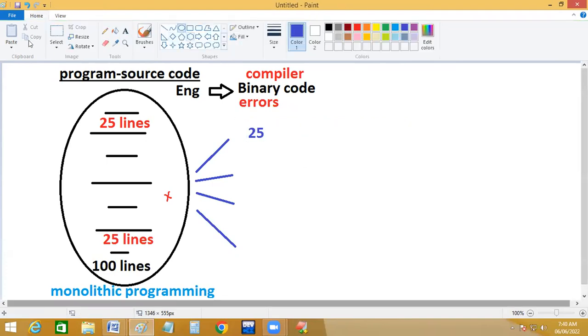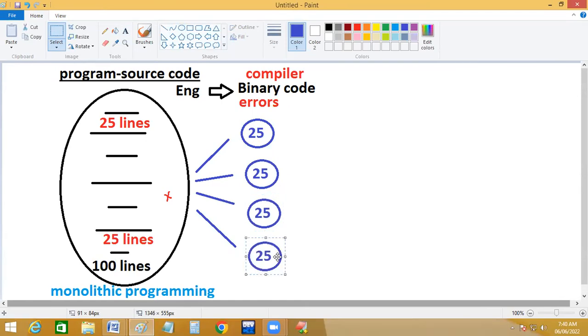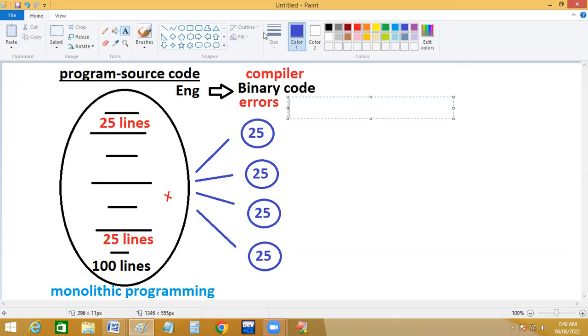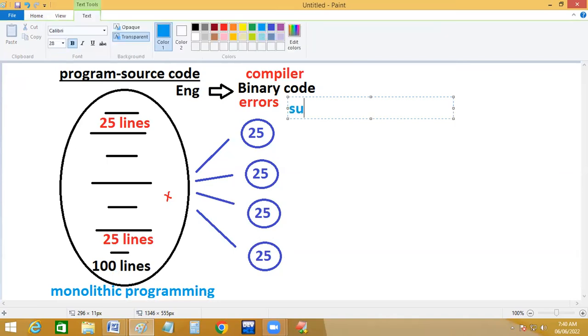And again 25 lines, it is a second program. It is a third program. It is a fourth program. Now tell me guys, how many small programs have they created? 4 or not? And these small programs are called subprograms.